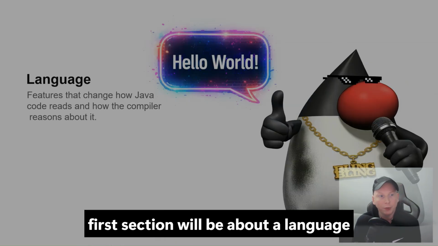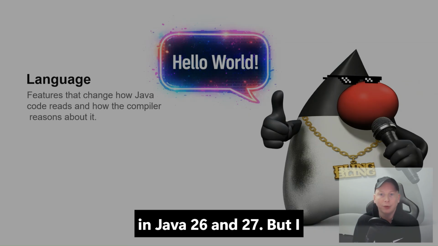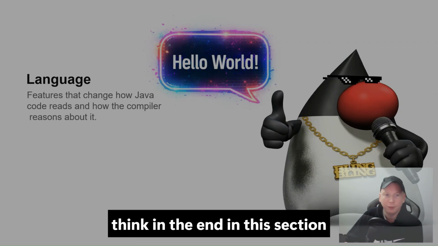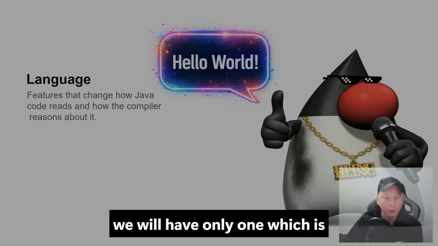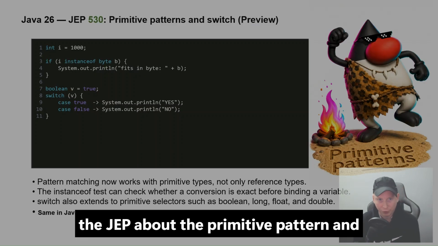So the first section will be about language JEPs, the features that have been developed in Java 26 and Java 27. But I think in the end, in this section, we will have only one, which is the JEP about primitive patterns and switch.